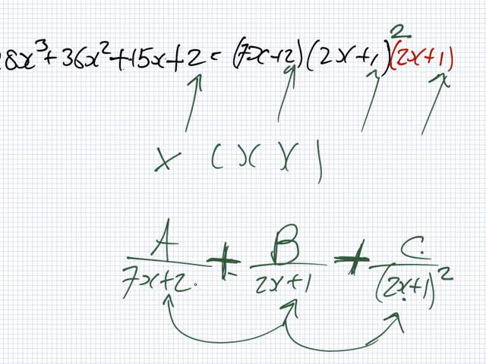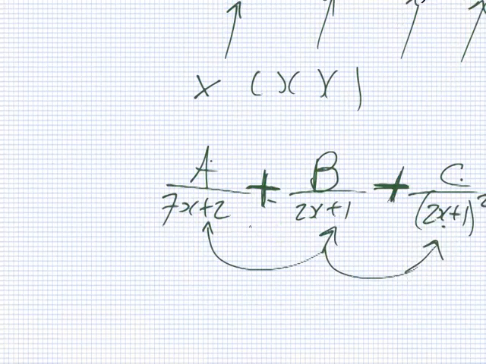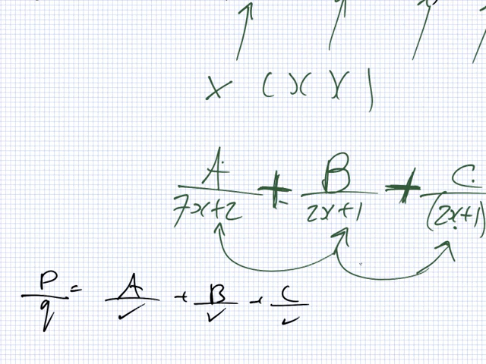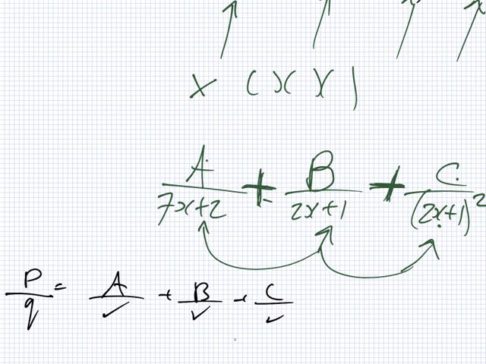It's not going to be quite like that, because you're going to have something over something equals A over that thing plus B over that thing plus C over that thing. I'm not going to rewrite it. Can you just imagine that they were there?